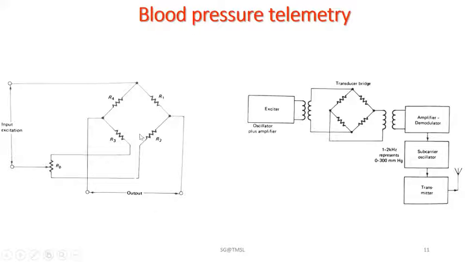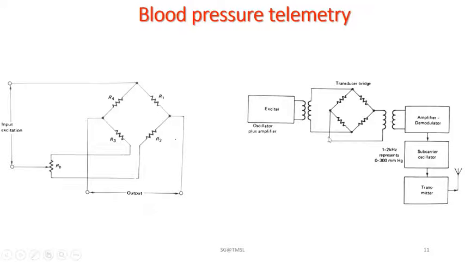In this circuit the resistors R1 and R3 will decrease, whereas R2 and R4 will increase in value as blood pressure increases. And resistor RB is simply for balancing or zeroing this circuit.